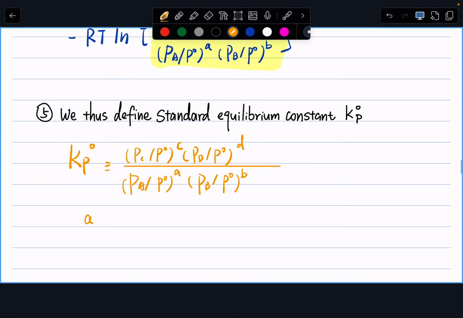Our reaction is aA plus bB goes to cC plus dD. Or the other way to put it is we can simplify our overall reaction here to be your delta G T naught equals negative RT ln K equilibrium.